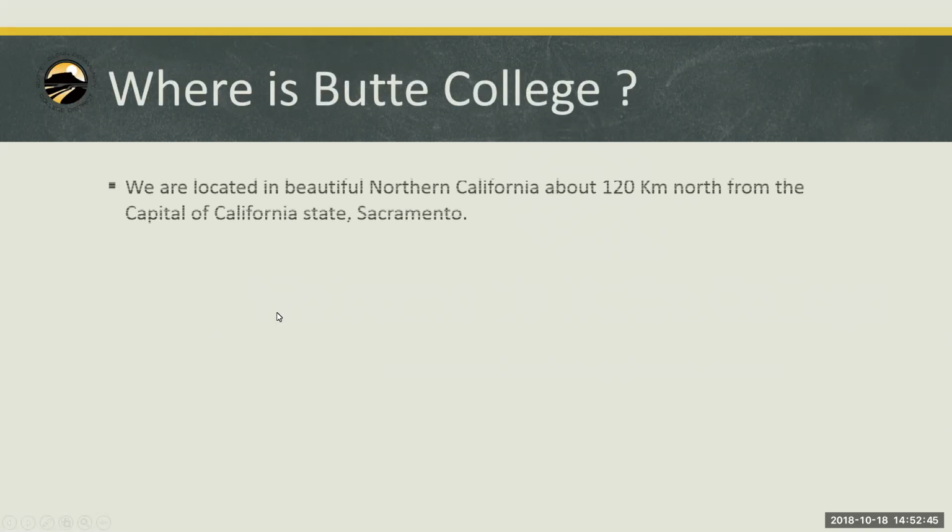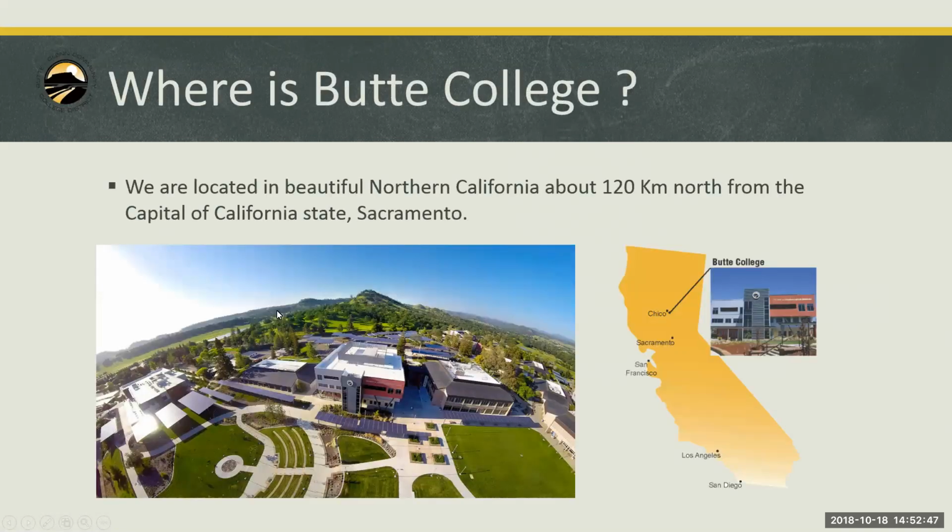As you know, today I will be talking about the application process for our college, but first I will talk a little bit about our college, and I will start with our location. We are located in beautiful Northern California, which is about 120 kilometers north from Sacramento, the capital of California State. As you can see here in the picture, this is our beautiful campus.